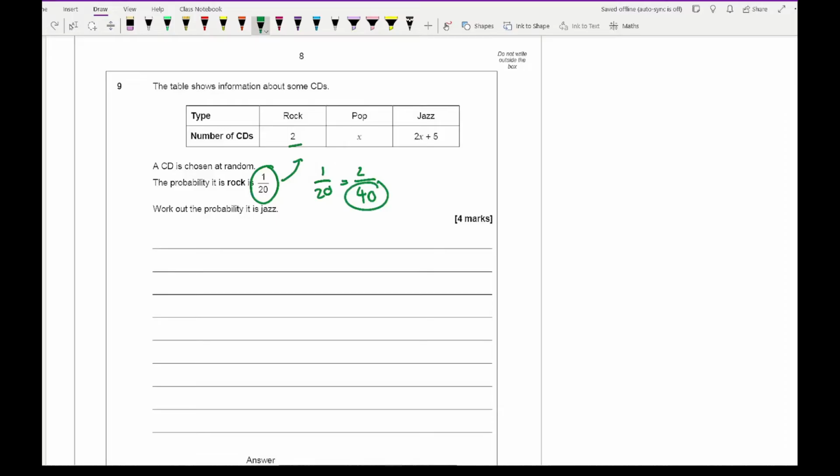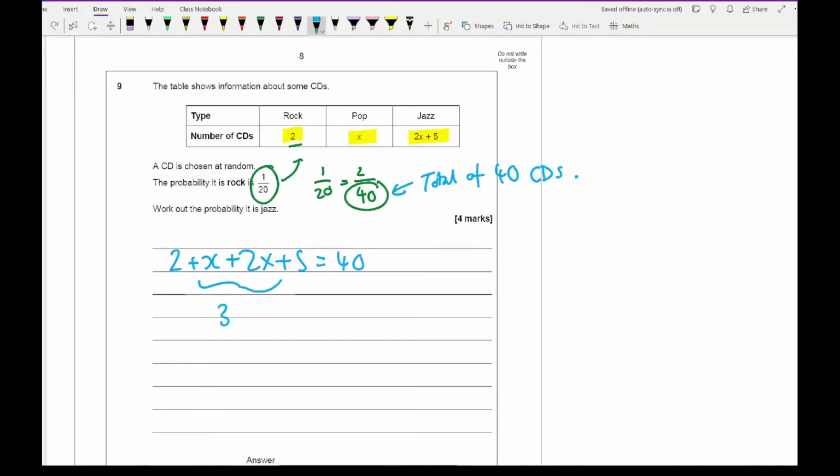So then from this, what we then need to do is add up all of the 3 boxes. So what we've just worked out is that there's a total of 40 CDs. So then if I do 2 plus x plus 2x plus 5 equals 40.